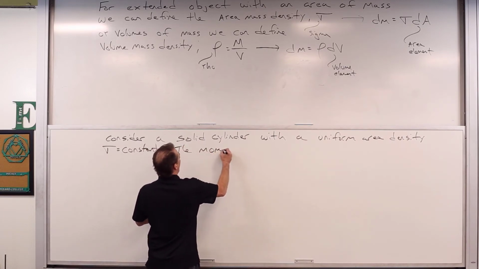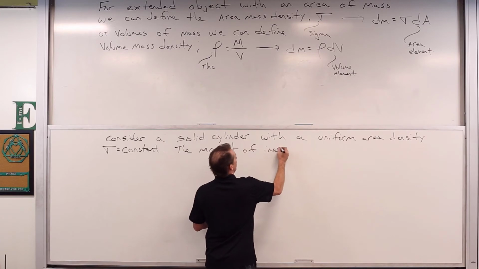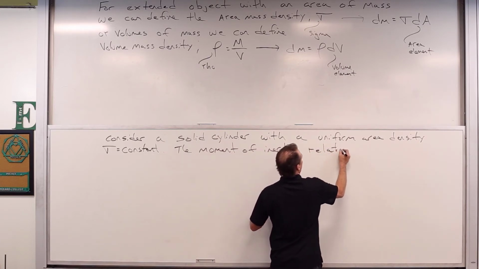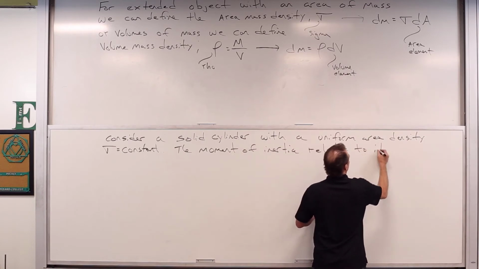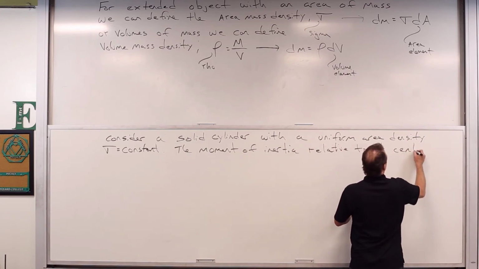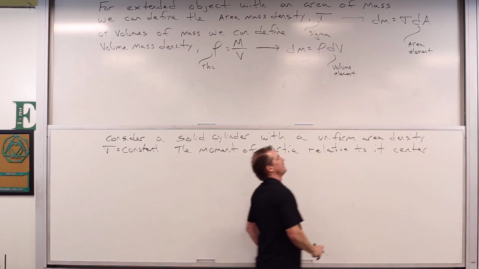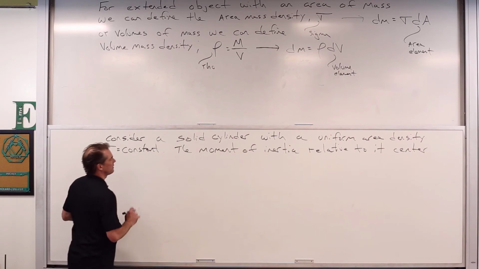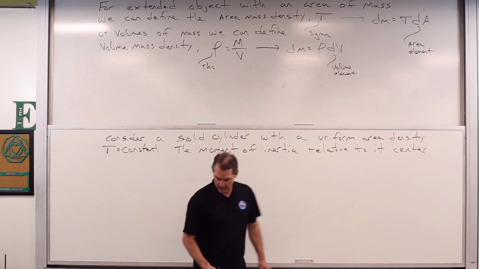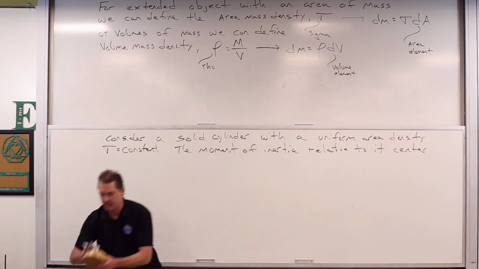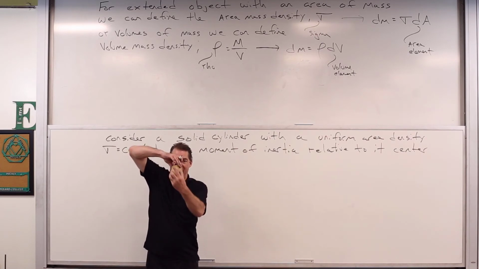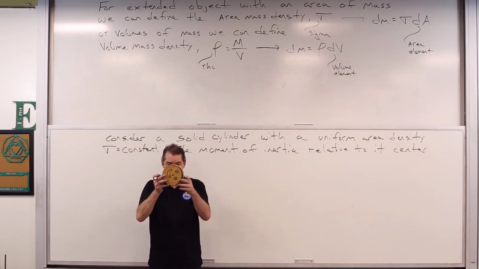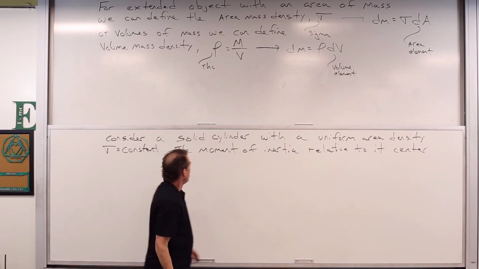Find the moment of inertia relative to its center, with the plane aligned along with the cylinder. So we've got to make sure that we're going to consider spinning it like this and not like this, because that changes the mass distribution. We've got a different axis. We want a nice central axis like this.